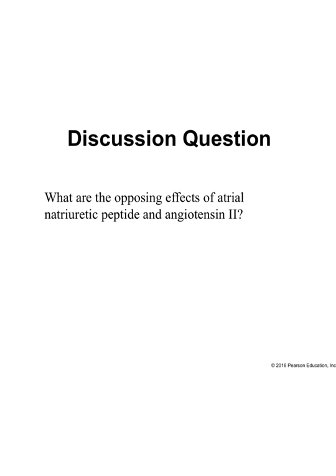So we talk about the opposing effects of atrial natriuretic peptide and angiotensin 2. Remember, angiotensin is actually going to make the body release ADH, which increases water reabsorption in the body.